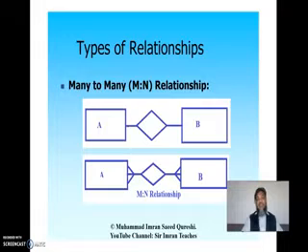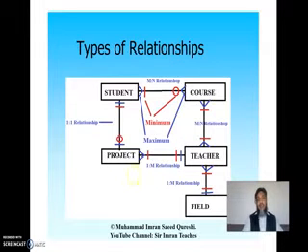Let's see these three types in a single diagram. Now you can check in this diagram, this red line shows us the minimum cardinality, that is 1 and 0, and the blue one is showing us the maximum. As I told you, when we are looking for the types of relationship, we never look at these minimum cardinalities, rather we look at the maximum cardinality.